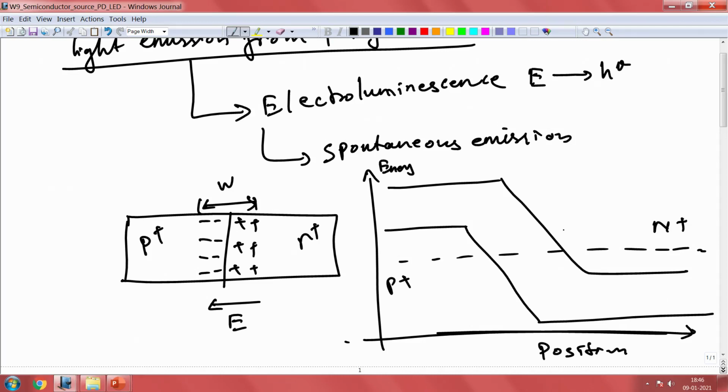So we have our electrons in here, and then we have holes located here, and the energy difference that we have between here and here is eV naught, which should be greater than the band gap that we have. So this is in thermal equilibrium.